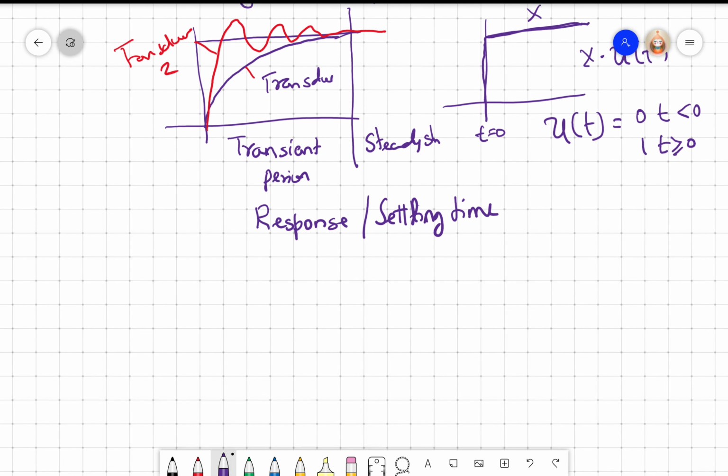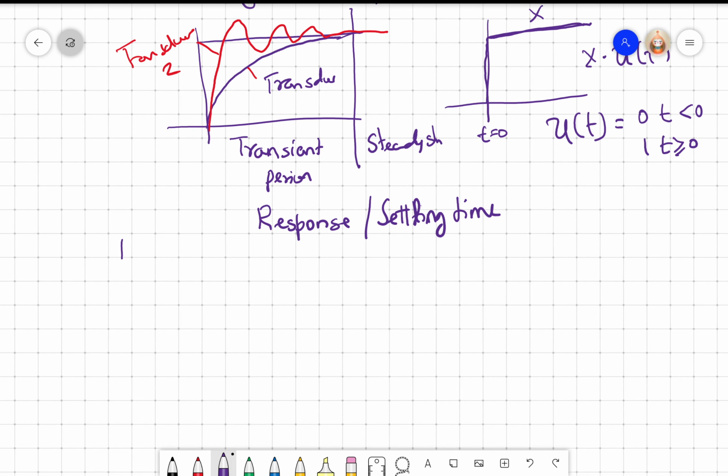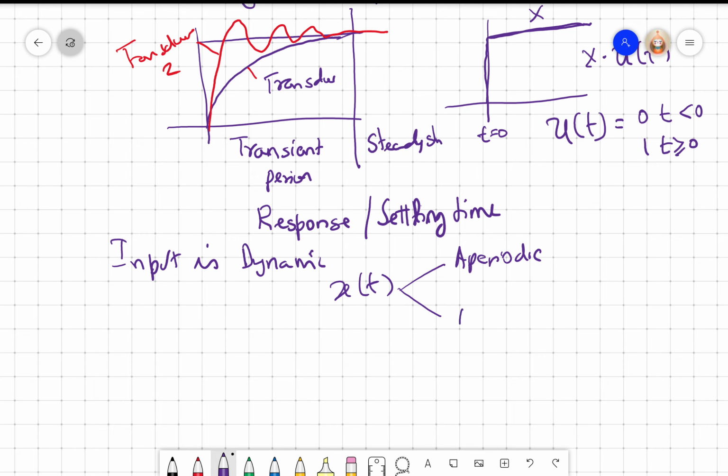Then what happens if my input itself is dynamic? What do I mean by dynamic? I have x of t, so my input varies with respect to time. In this case we saw that x of t, when it becomes a time varying quantity, can be aperiodic or periodic.